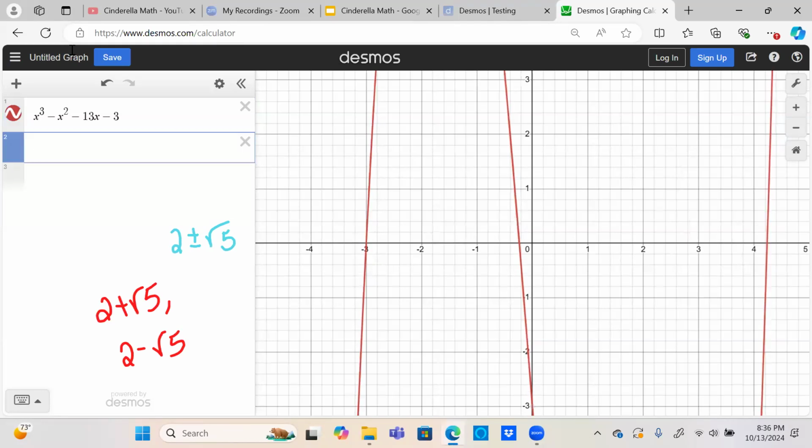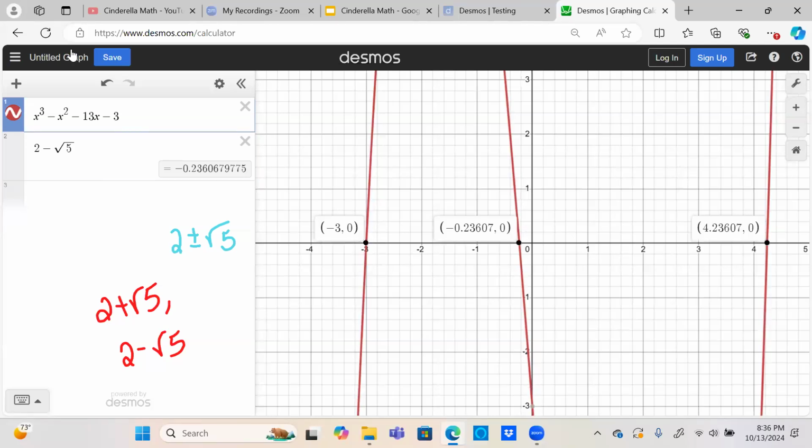If you type in 2 plus square root 5, that's 4.2, and so on. That's this one, the far right. If you do 2 minus root 5, negative 0.2, and so on, there it is. So this is still checkable. It just takes a little bit more work to check. And then the -3 is what they started us with.